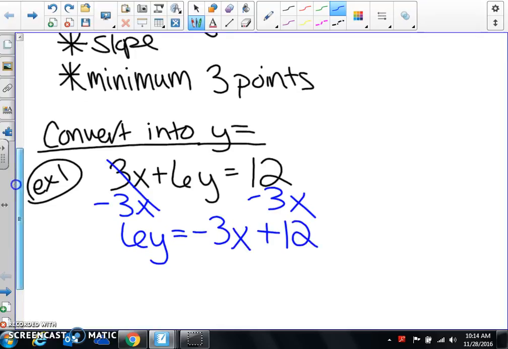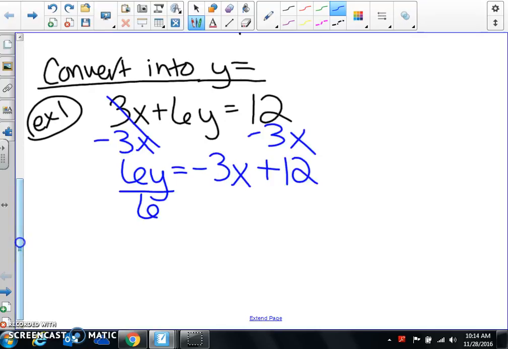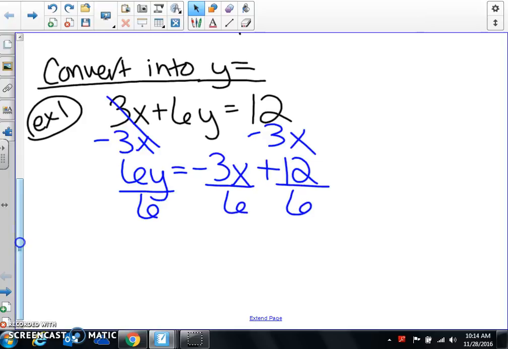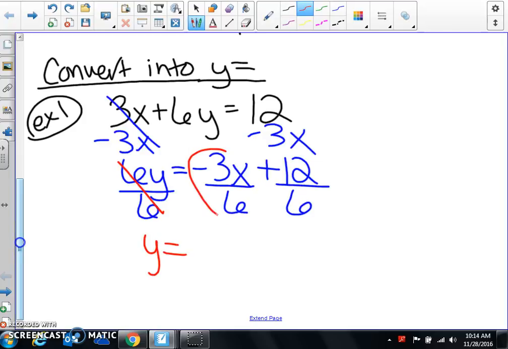All right, then I would divide both sides by 6. So now, y equals negative 3 divided by 6. I can put that in my calculator, or you can just use your brain. That's negative 1/2 x. And then a positive 12 divided by 6 is a positive 2.